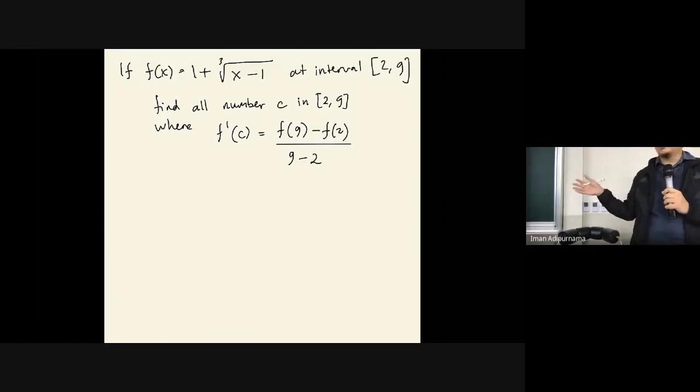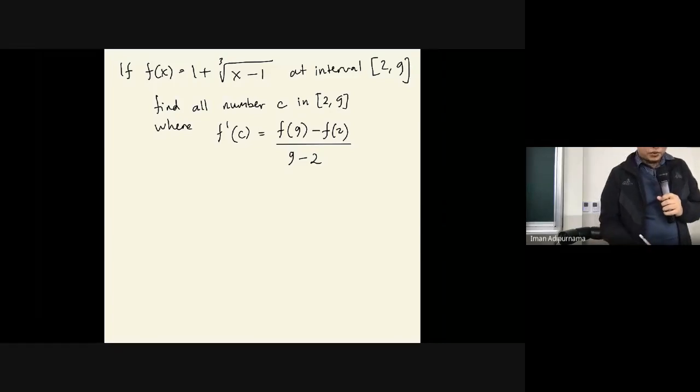So this is quite a direct approach. What you need to do is just calculate the function, calculate the derivative, substitute the numbers, and look for C.